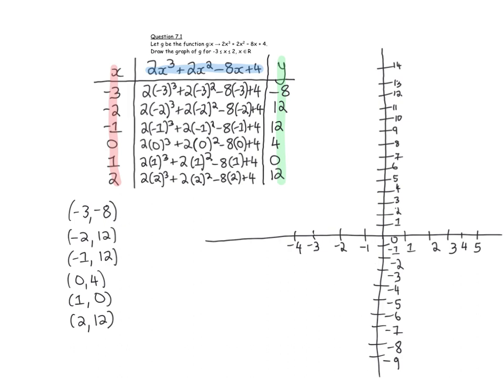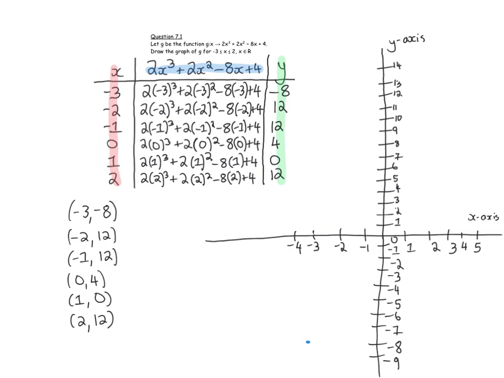So we draw a graph exactly like you have here, labeling your x-axis and your y-axis. Of course, your graph will be much nicer and neater because you'll be drawing it in your maths copy, and mine is drawn freehand here. So the first point we have on the graph is minus 3, minus 8, which is approximately here.